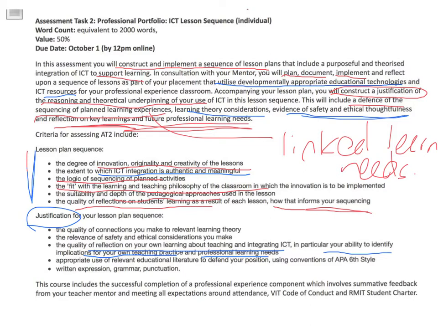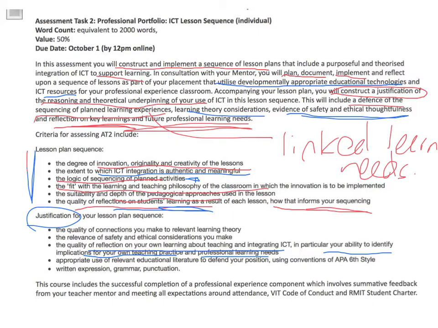Why did you choose to change the sequence or adapt the sequence? What was it about the student learning that informed your choices? What was it in the learner biographies or in the learning needs of the students in your teaching group that has informed your choices around your sequence?